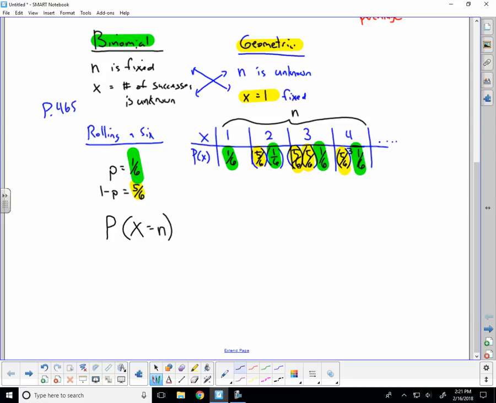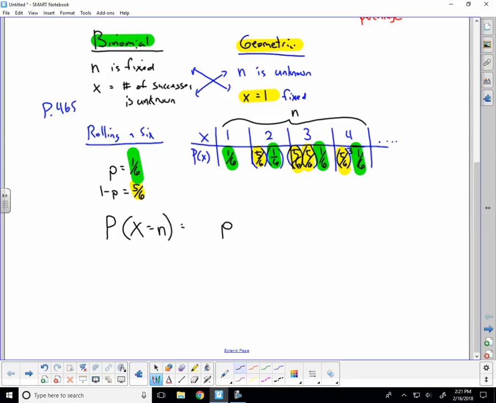This is condensed down on the top of page 466. We're always going to have what probability in there? 1/6. So that's going to be p, and that's the probability for that last trial.